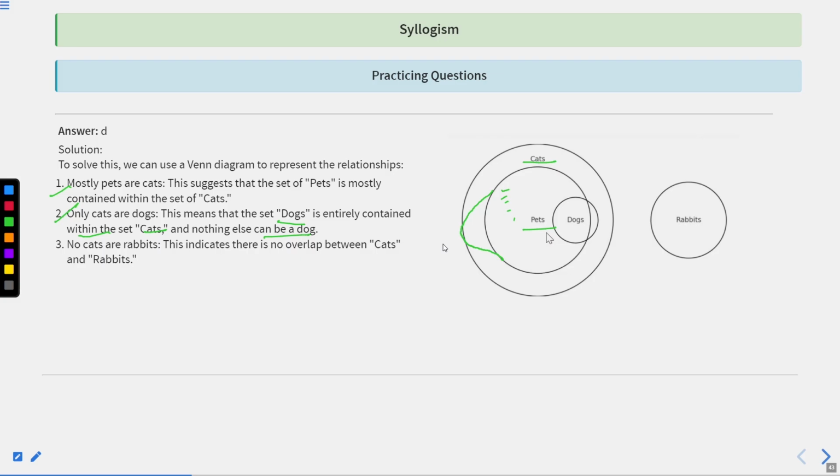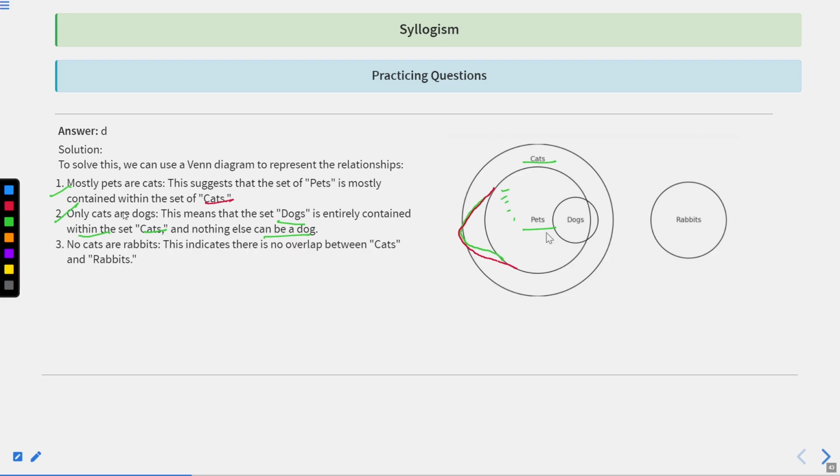So the diagram is a little bit wrong here, and I would like to correct it again. The diagram should have been like this. It should have been a little bit of portion outside the circle of cats, because it's saying mostly pets are cats. This suggests that the set pets is mostly contained within the set of cats.